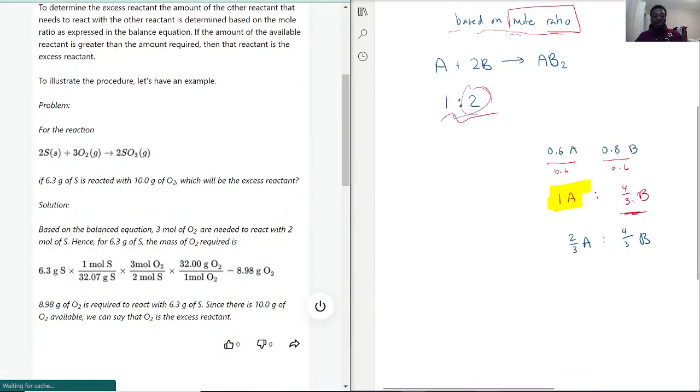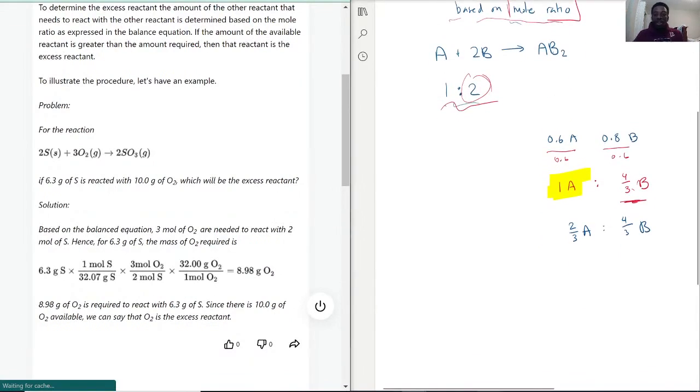And just to visualize that, because you want to see what the mole ratio is here, we have 2 sulfur for every 3 oxygen. So the ratio here is 2 to 3. The sulfur given was 6.3 grams, and using the numbers here, 6.3 divided by 32.07, we get around 0.196 of sulfur, okay?